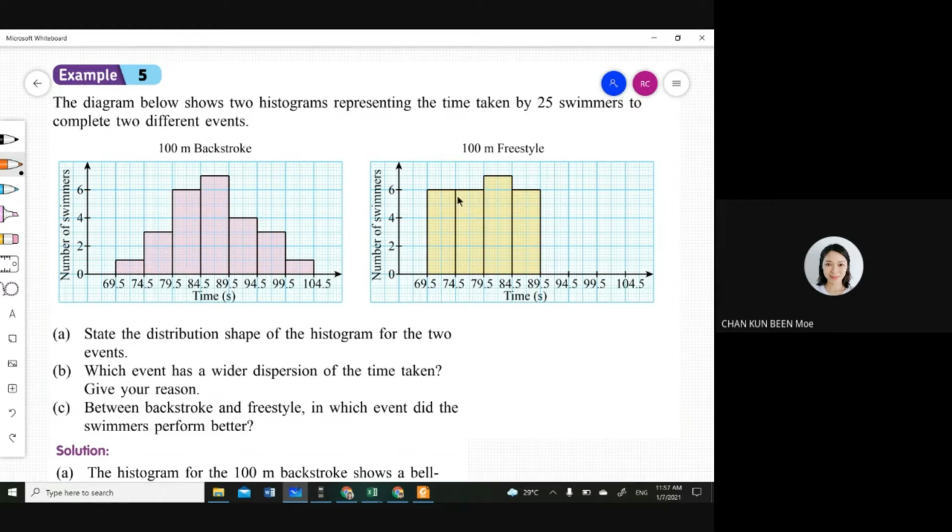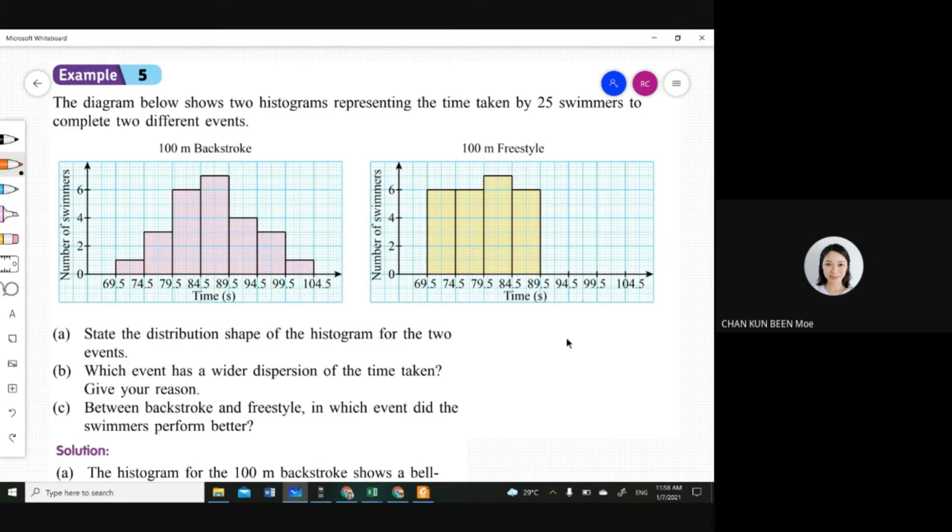But when you compare with the freestyle here, we have 6 swimmers at this range, then 7 swimmers, then 6 swimmers. So in which event did the swimmers perform better? The 100-meter freestyle, because most of the swimmers here record a better time.